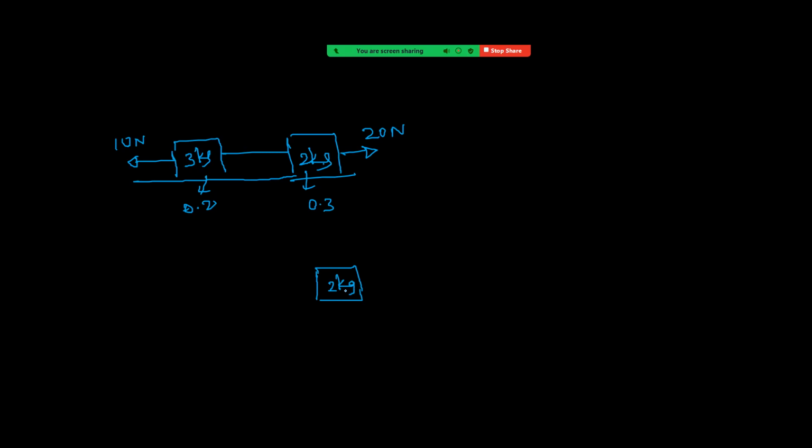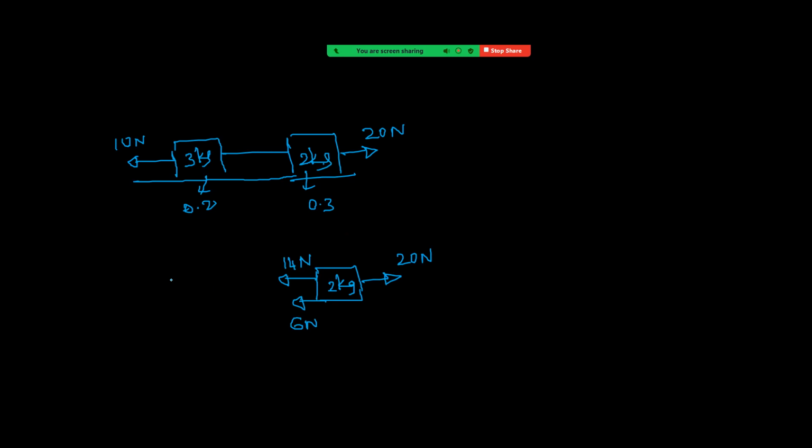This is the 2 kg block, applying 20. Friction tries to balance it. The limiting value is 6, so it can provide only 6, but it requires 20. So 20 is not possible. It provides 6 Newton. We know that on each block the net force equals 0. So the remaining must be 14. So tension must be 14.